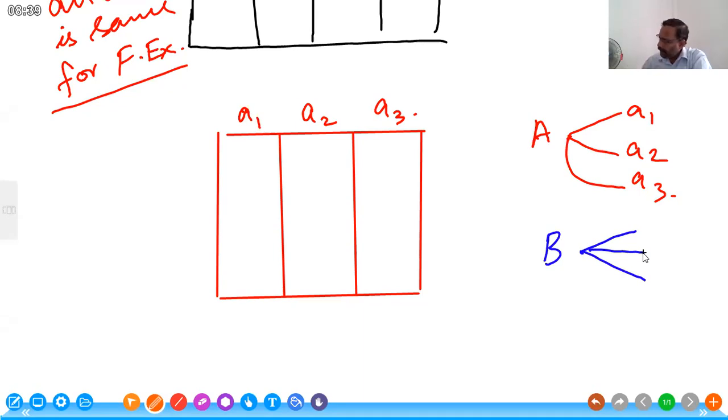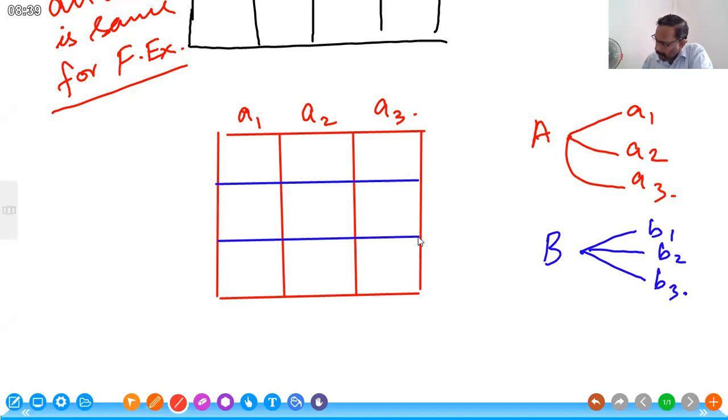Factor B, again, let's say B1, B2, B3. Before randomization, B1, B2, B3.